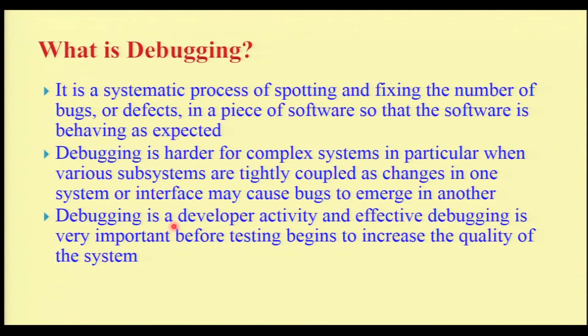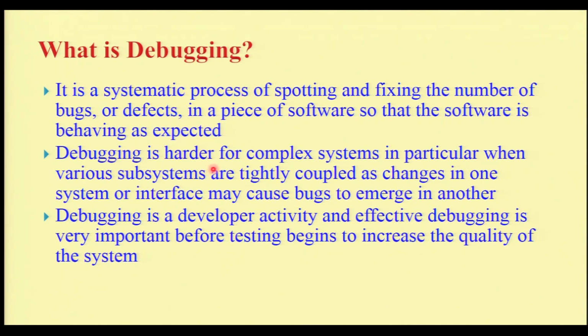Let us see what debugging is all about. Debugging is a systematic process of spotting and fixing a number of bugs or defects in a piece of software so that the software is behaving as expected.